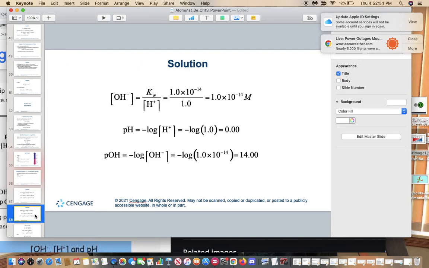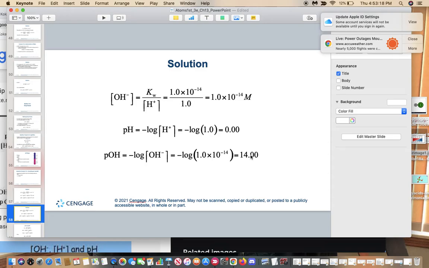So then the solution to the problem would be that the OH minus is 1 times 10 minus 14 divided by 1 times 10 minus 14. The pH is the negative log of 1 mole per liter of H plus, or 0. The log of 1 is 0. And then the pOH would be the negative log of 1 times 10 minus 14, so it would be 14.